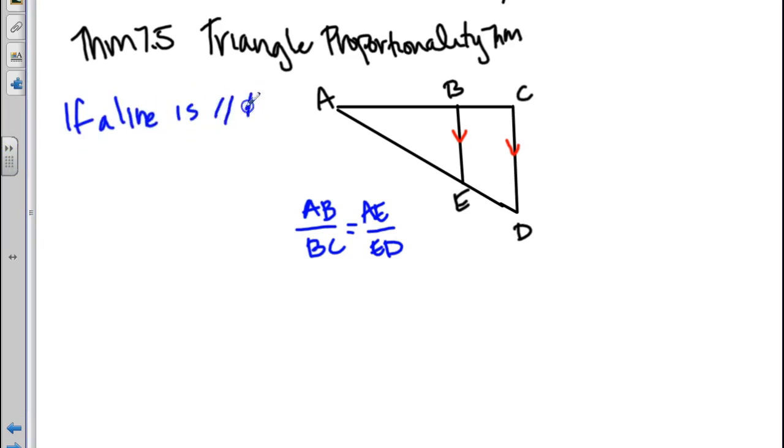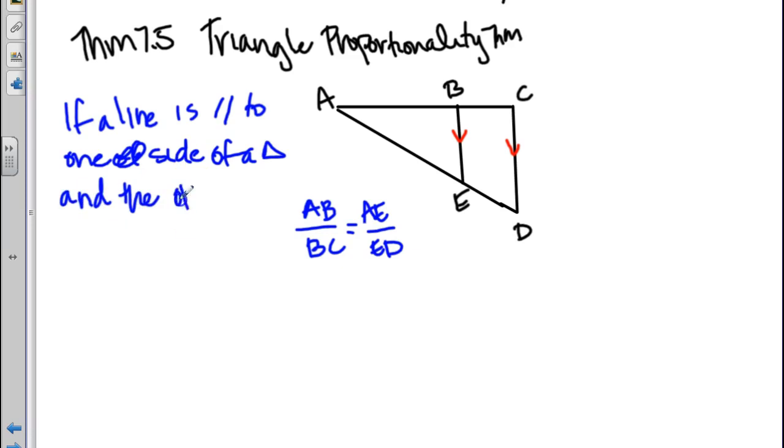If a line is parallel to one side of a triangle, and it intersects the other two sides, then it divides the sides into segments that are proportional.